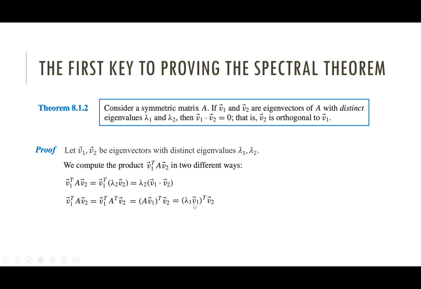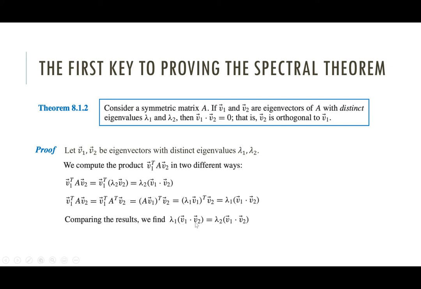And then recall v1 is itself an eigenvector, so A v1 is lambda 1 v1. Pulling out the lambda 1, v1 transpose v2 is just the dot product, v1 dot v2. So we've computed the same thing two different ways. We get these two solutions, and now I'll just compare the results.